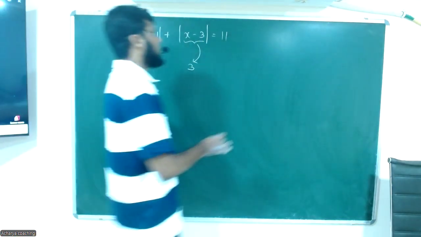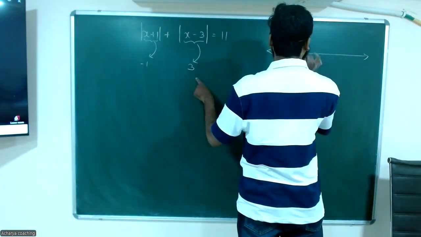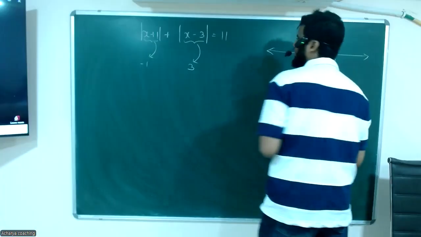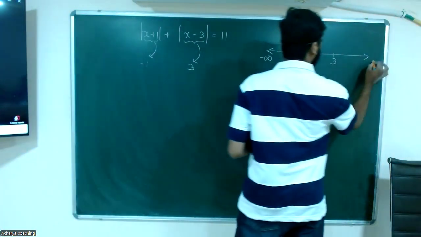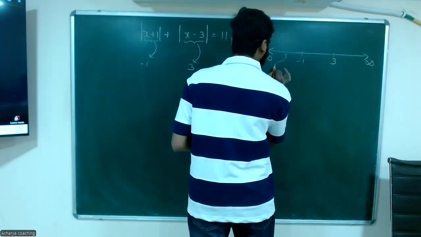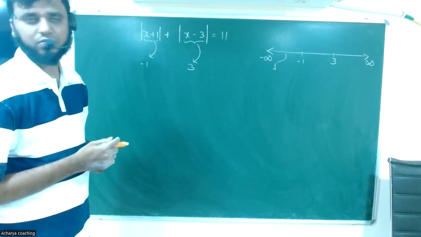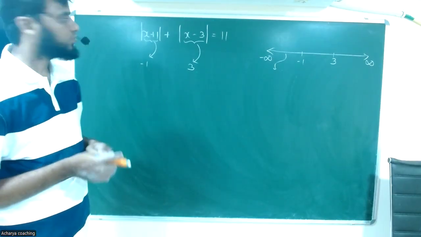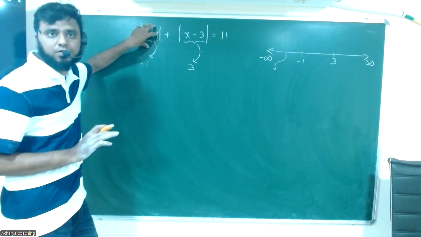Okay. Now what are all the numbers involved? Minus 1 and 3. In this interval, minus infinity to minus 1, take any one value. Let us take minus 2. So minus 2 plus 1. Inside this, do we have a negative number or positive number?